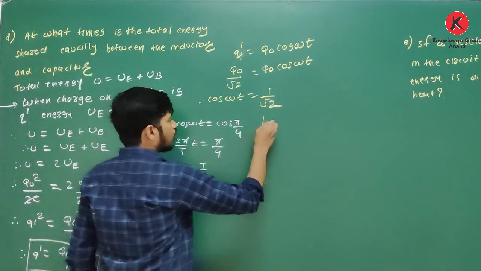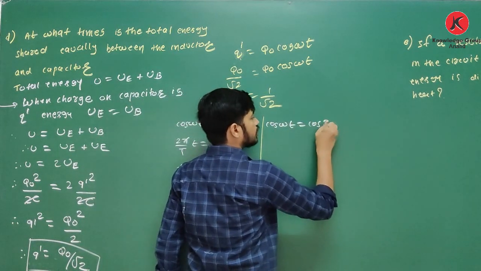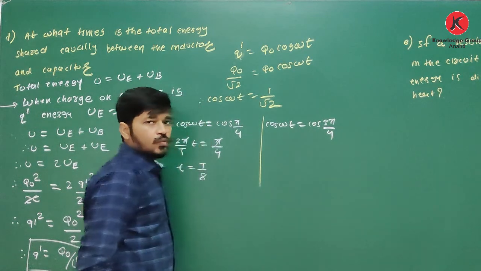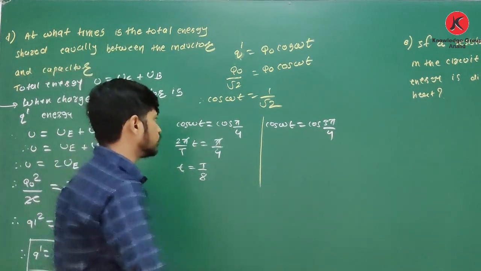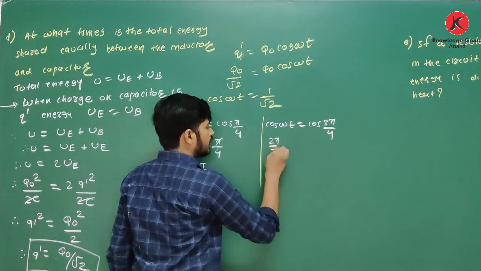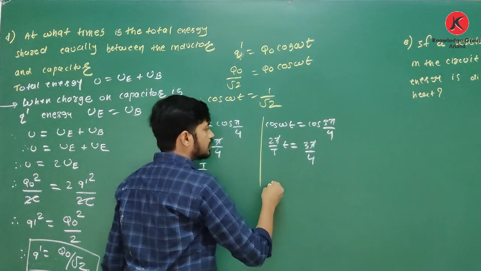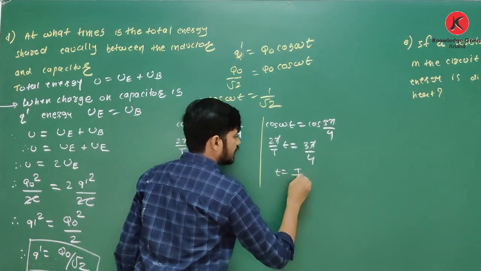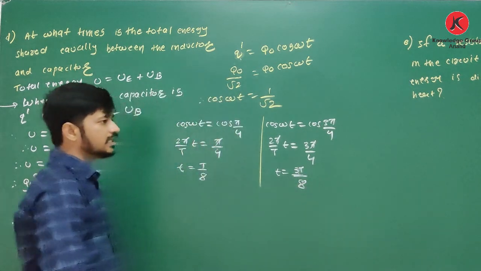Another value, cos omega t is equal to cos 3 pi by 4, when angle is 135 degree. Again, value of cos is minus 1 upon root 2. So 2 pi upon T into t is 3 pi by 4. Pi cancels, so t is equal to 3T by 8.